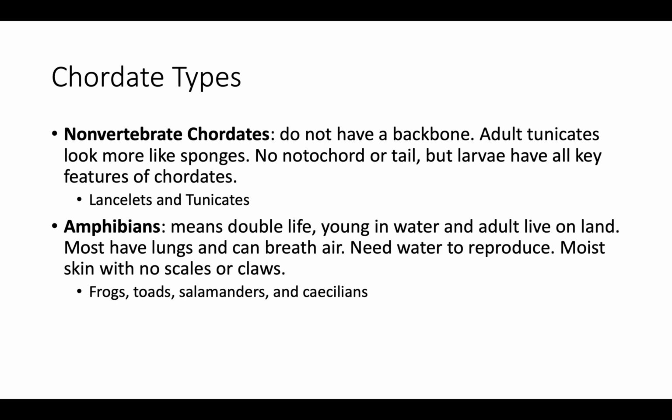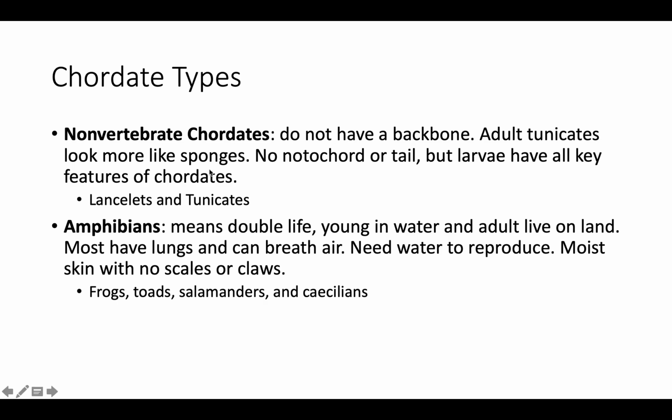Non-vertebrate chordates do not have a backbone. These adult tunicates look more like sponges, kind of sponges that are on the ground in the waters. There's no notochord or tail, but larvae all have all key features of the chordate. So you see it in the larva stage, but then as they mature, you get away from the 4 characteristics that make up a chordate.